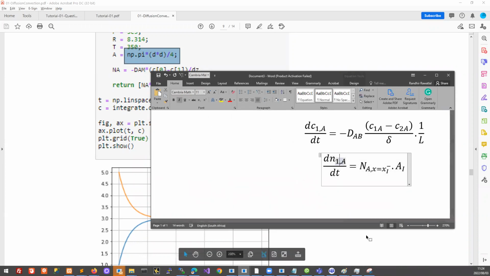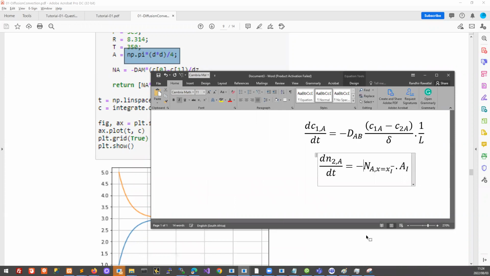And we can write it like this. So that's 2, and then we would use a minus in here. So we can either say minus the flux looking in that direction. Well, in fact, that's the best way to do it. So let's just leave it as minus the flux like that.